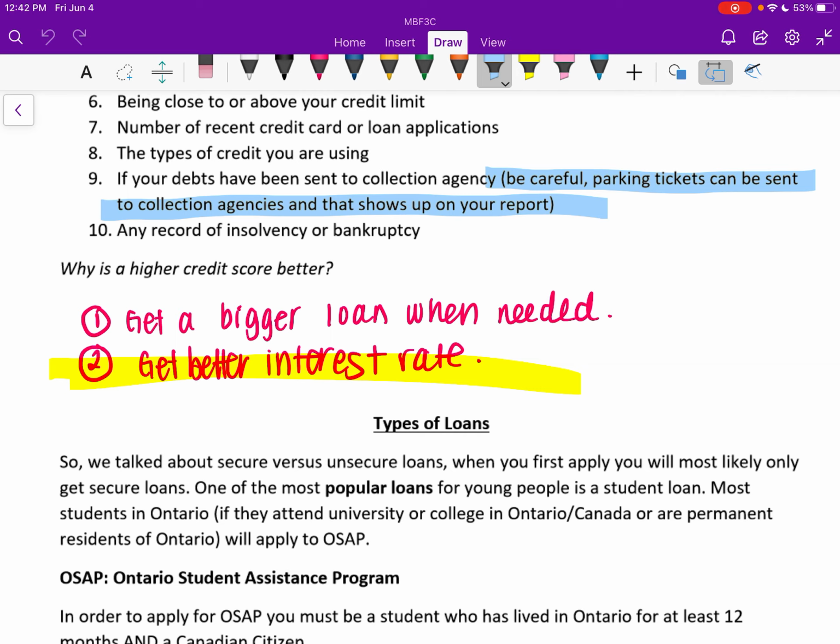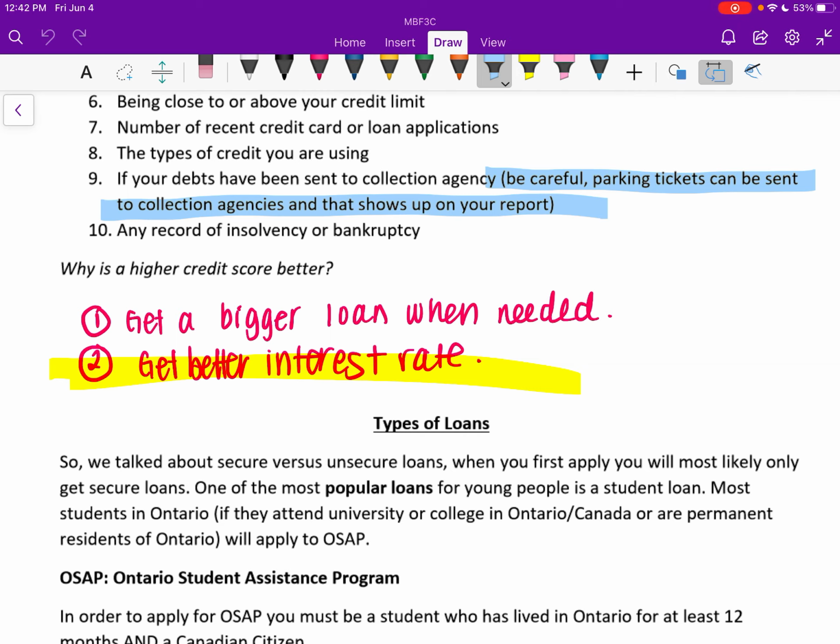But should you need a loan urgently, you will get a bigger loan. When you buy a house, when you decide to buy a car, if you need to pay off bills, whatever it might be, you'll get a better loan.